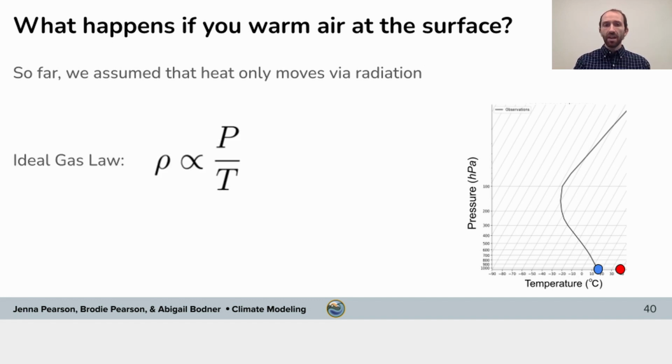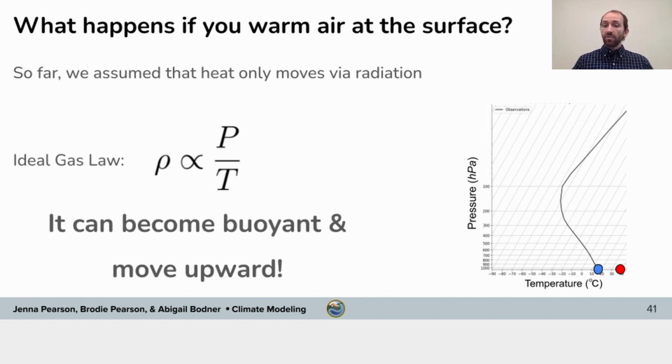But if we were to warm an air parcel at the surface, we know that the ideal gas law says that its properties will change. In particular, its density, which is inversely proportional to temperature, will decrease if the temperature increases. And obviously if the density decreases enough, that air parcel will want to rise into the air above like a balloon would.